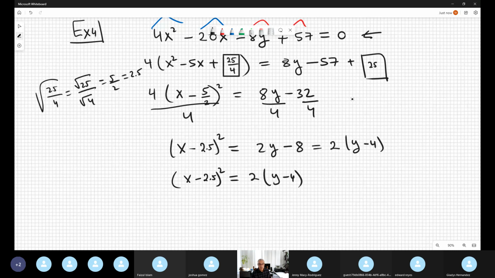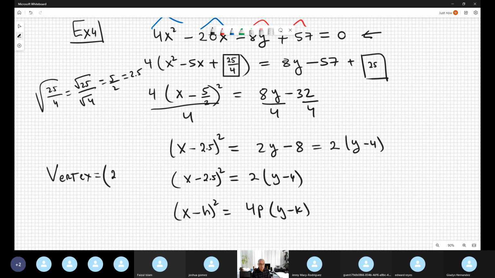Let me copy and compare. We have x minus h squared equals 4p times y minus k. Bueno, es obvio that the vertex of this parabola is located at the point 2.5, 4, right? 2.5 is this, and 4 is this.